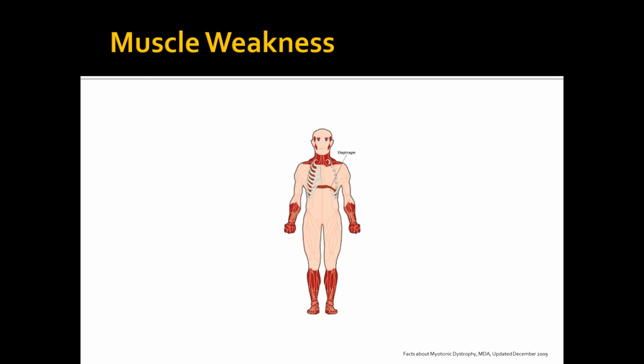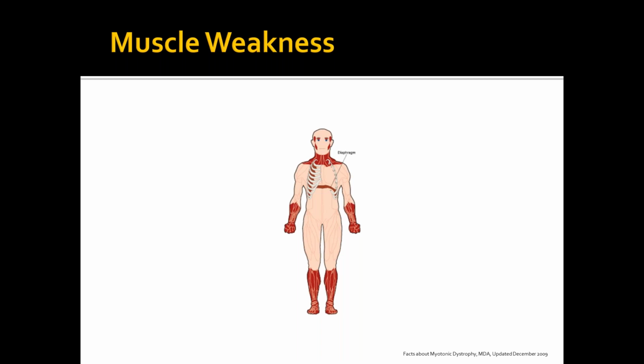And so sometimes you might hear people call the muscles in the face a little bit droopy, and that's because those muscles aren't as strong as they should be. You can also see the red by the eyes. So people with myotonic dystrophy will also have what's called ptosis, which is a drooping of the eyelids.